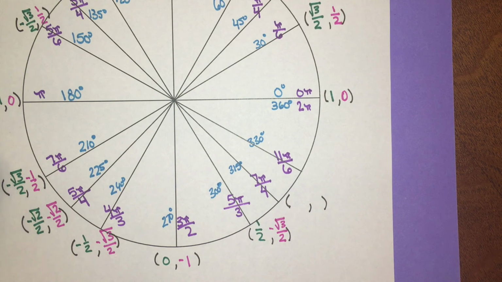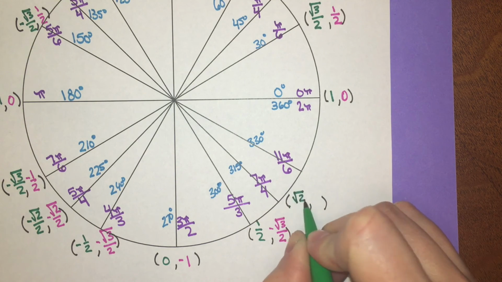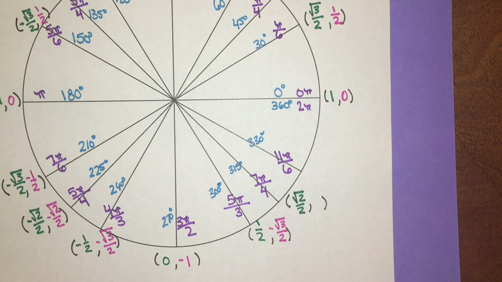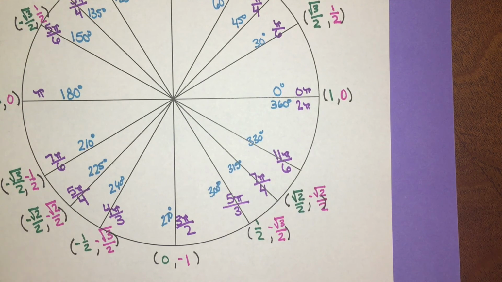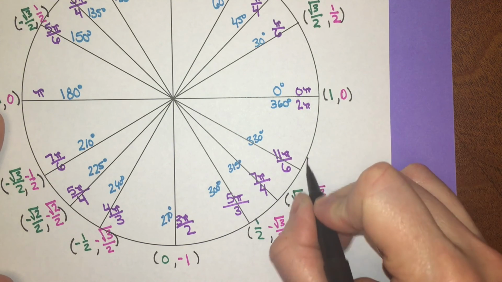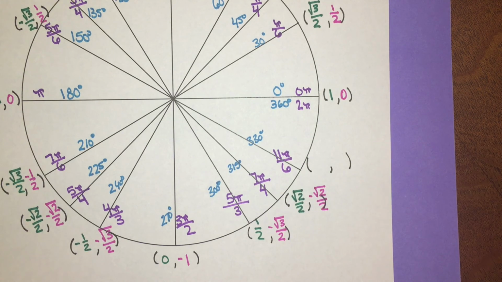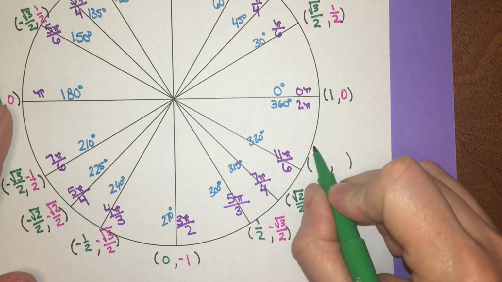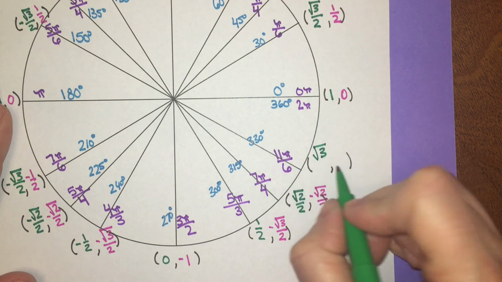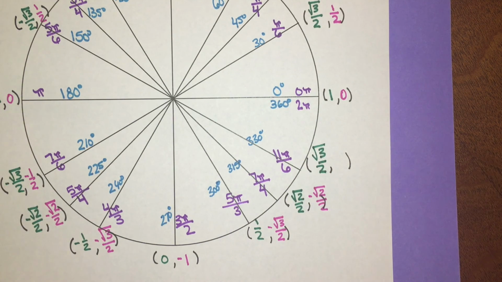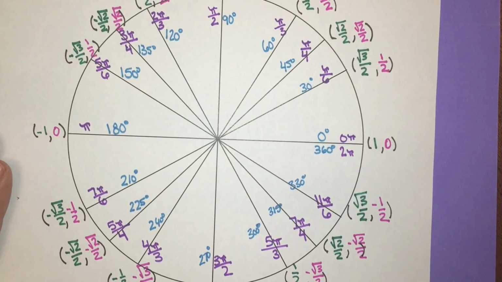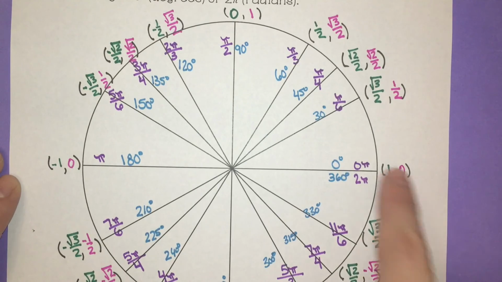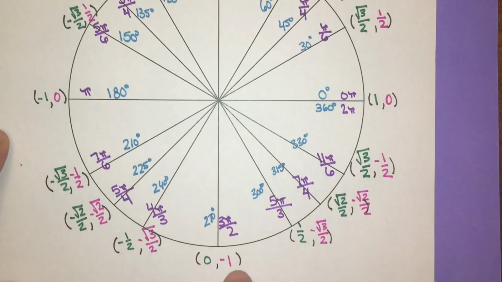The x-coordinate is square root of 2 over 2, y-coordinate negative square root of 2 over 2, and our last one here at 330 degrees, the x-coordinate is square root of 3 over 2, and the y-coordinate is negative 1/2. All right, so hopefully you were able to see how all the quadrants related to each other.